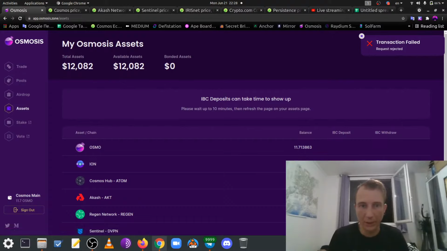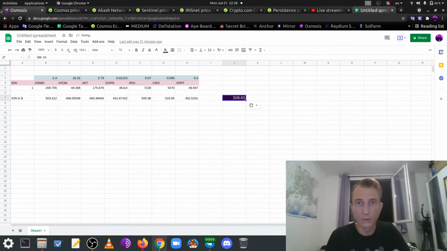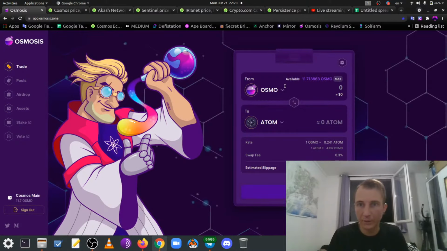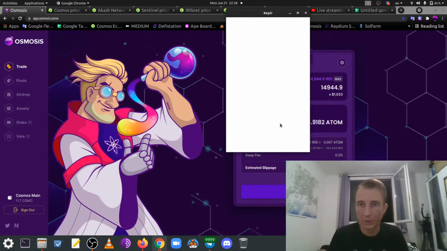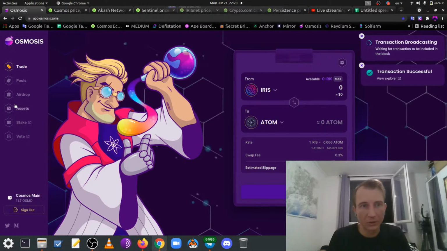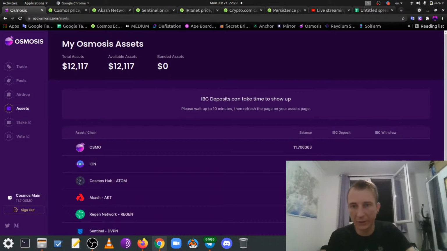We go to the assets and we see this amount. Put it here. After we go to trade, go to the iris, max, swap, approve, go back to our assets, and we see this price.